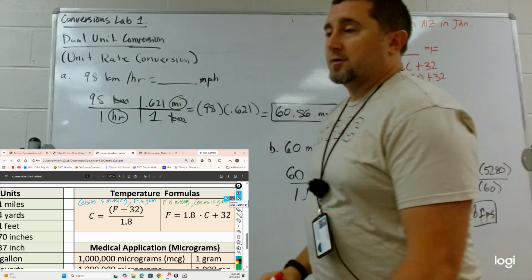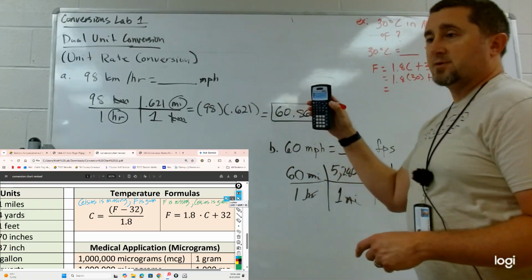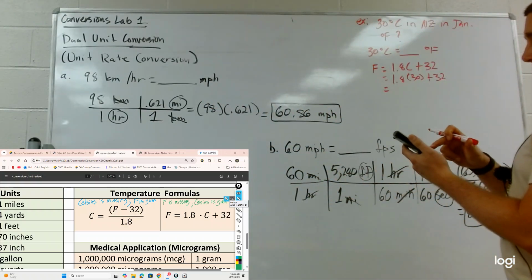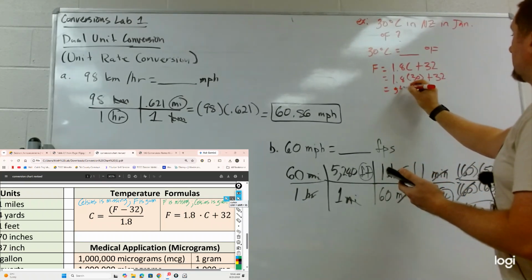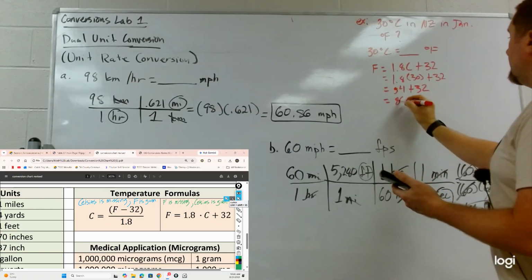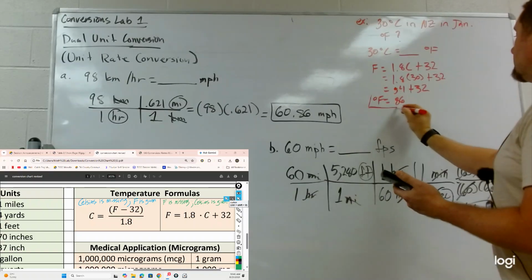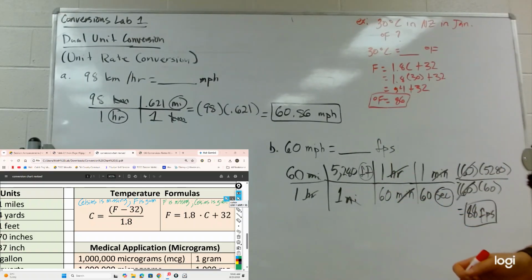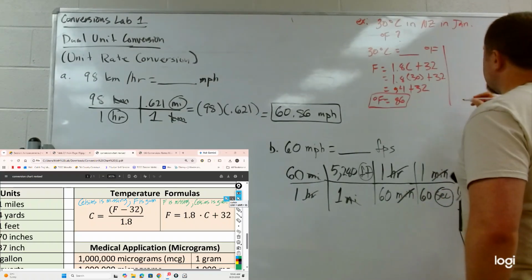All right, then I'm going to use my trusty calculator that you're supposed to have. And 1.8 times 30 is 54 plus 32. And that's going to give you 86 degrees Fahrenheit. So in New Zealand, 30 degrees Celsius in January is 86 degrees Fahrenheit. That's because their seasons are reversed.